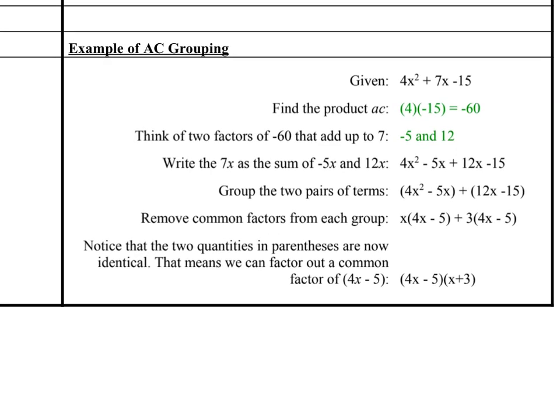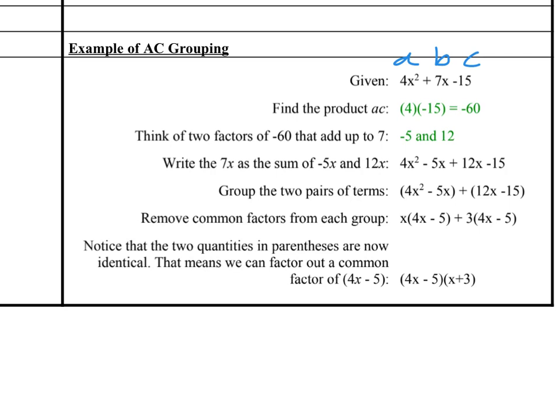Look at this trinomial. A is 4, B is 7, C is negative 15. A is not 1. So you cannot find 2 numbers that multiply to negative 15 and add to 7. Doesn't work. Instead, because A is 4, and there's no GCF, you have to multiply A times C, so 4 times negative 15 gives me negative 60.